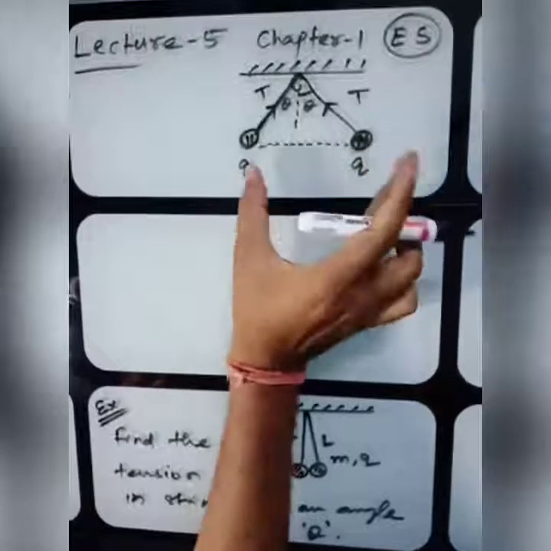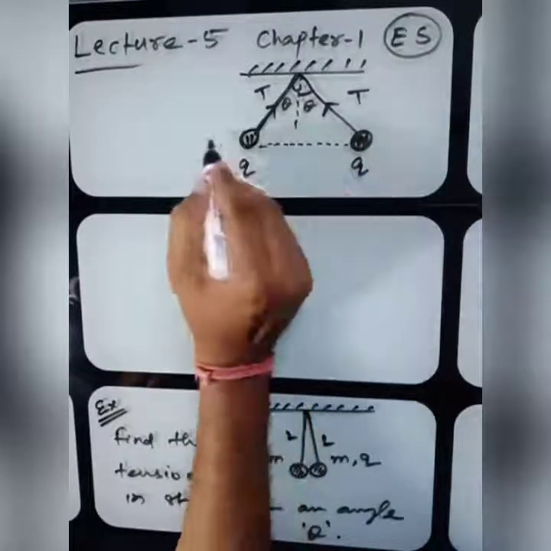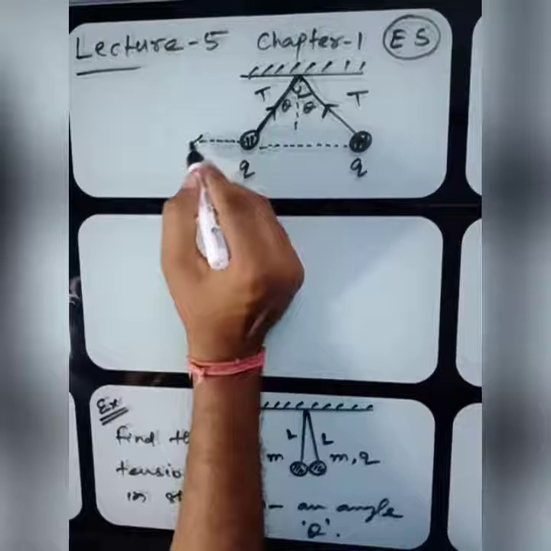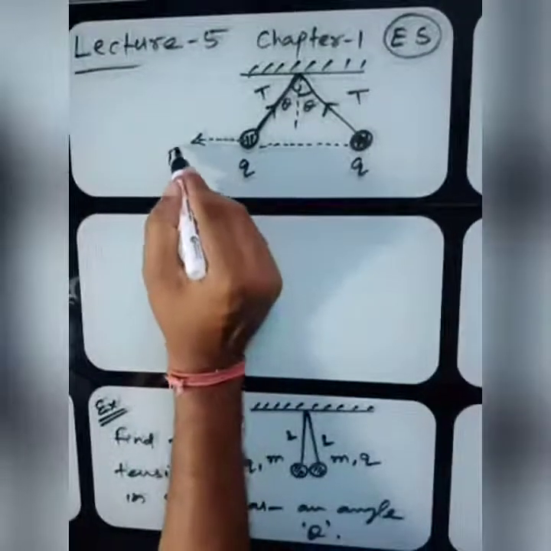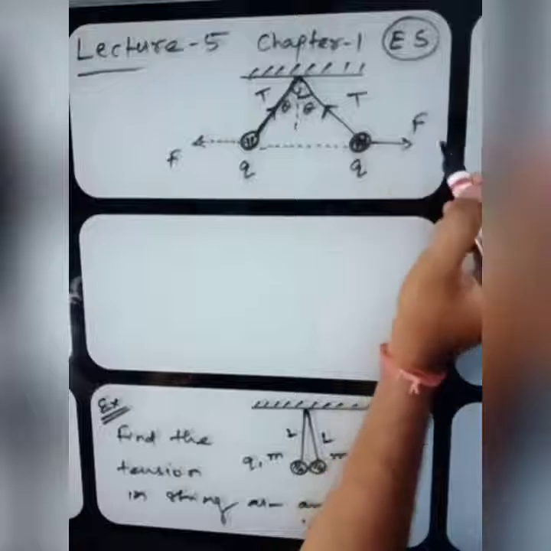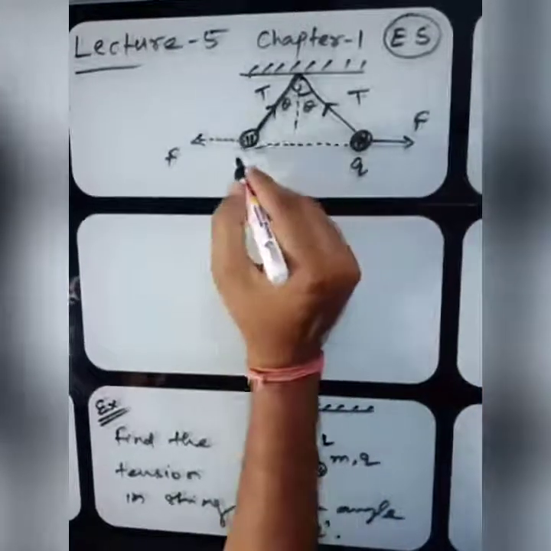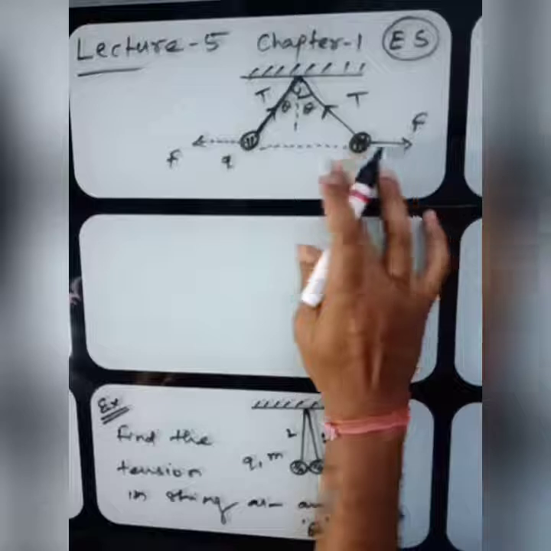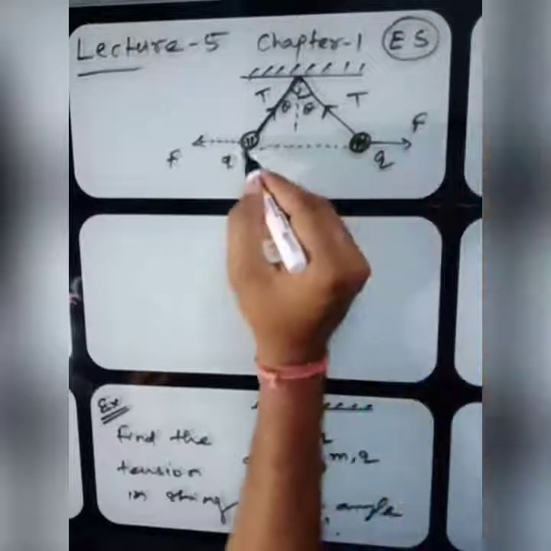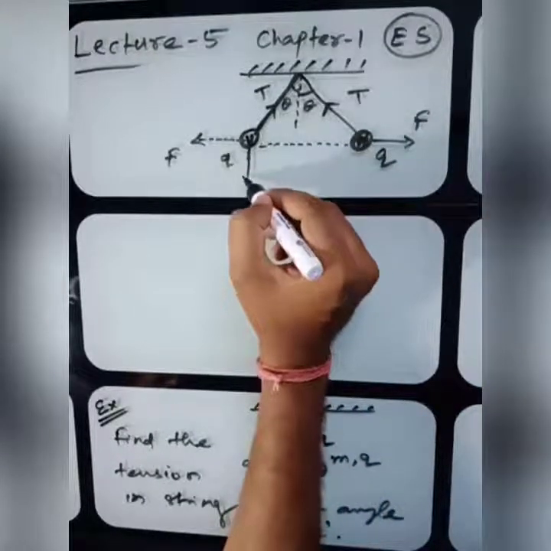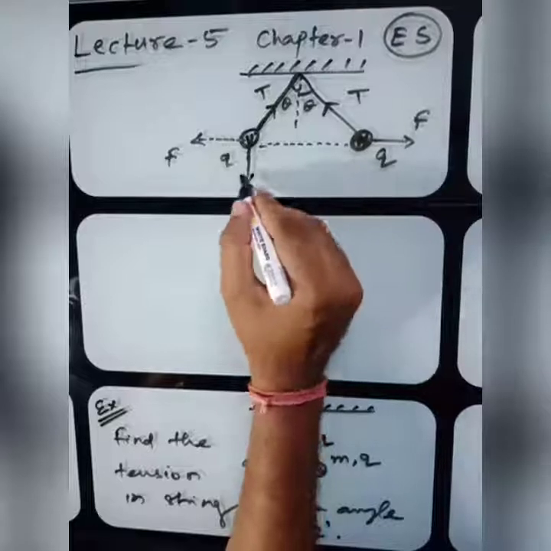Why are these two balls separated? Because both are identical in charge. Which force will be there? Of course, the electrostatic force. And due to the masses, there must be a gravitational force also.